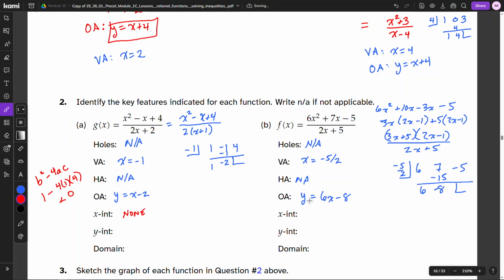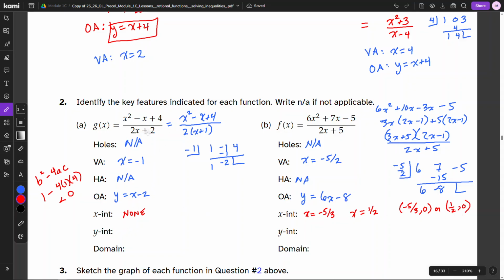Here, my x-intercepts would be at x equals negative 5/3 and x equals 1/2. Of course, if it was told to give the coordinates, that'd be negative 5/3, comma 0, or 1/2, comma 0, if I had to give the coordinates.